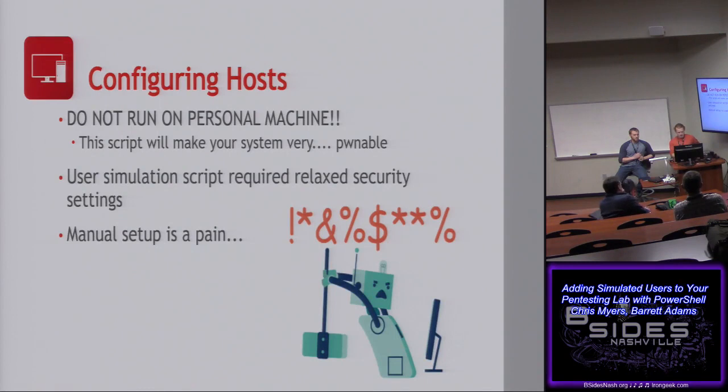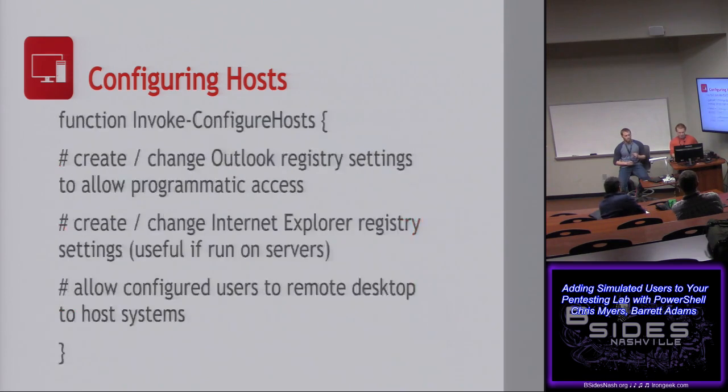Configuring hosts. This is important for some of these scripting functions to work. Like Outlook, you need to configure a registry key to allow programmatic access to the email objects. So this takes care of those problems. And with that, don't run it on computers you care about being secure, because it's letting scripts do a bunch of things.